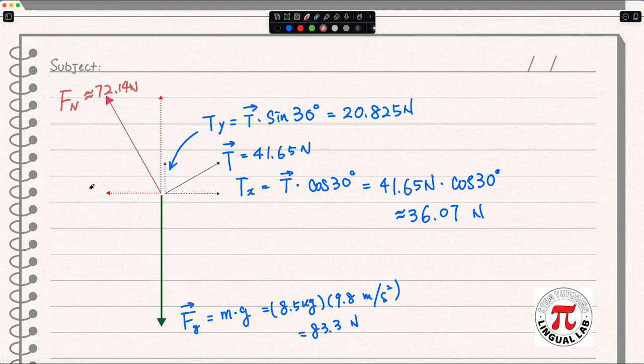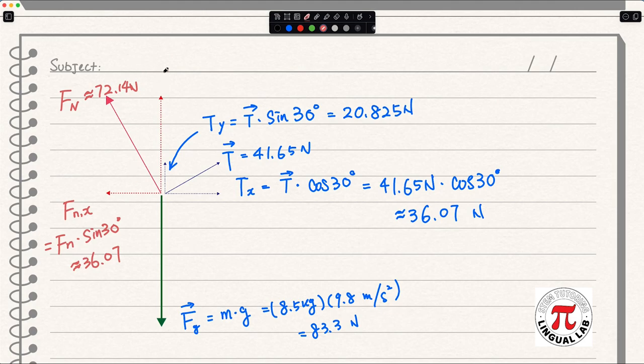In order to find the x component of the normal force, I calculate the normal force times sine 30 degree. That will be 36.07.